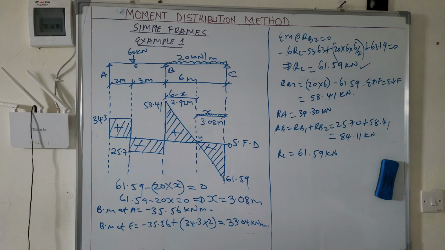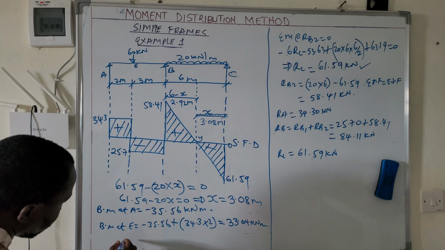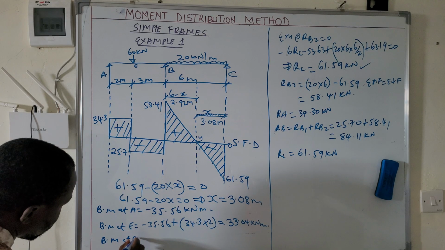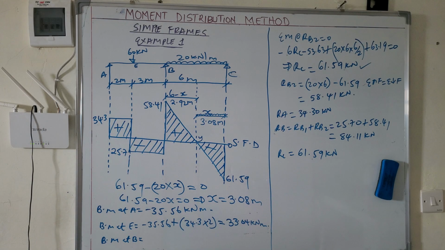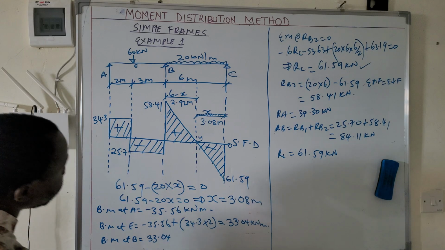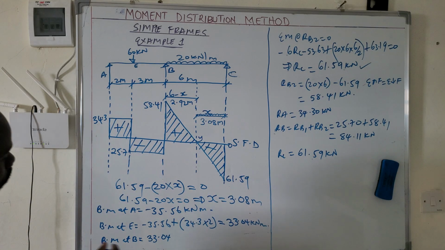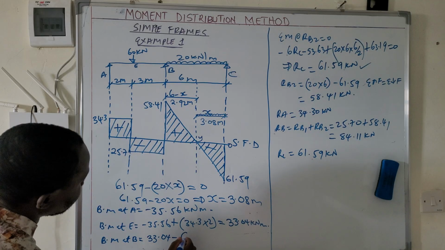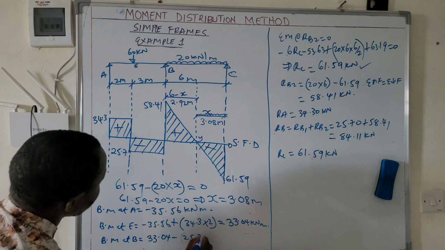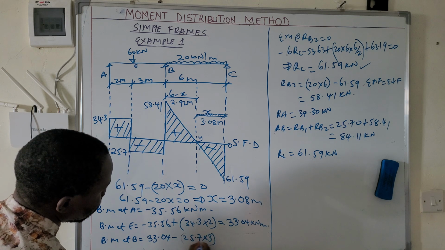Bending moment at B, we already know bending moment at B. No, we don't know the bending moment at B. So the bending moment at B will be bending moment at E, which is 33.04, minus the area of this. So minus 25.7 times 3.